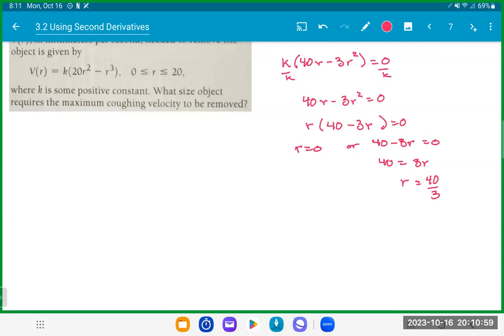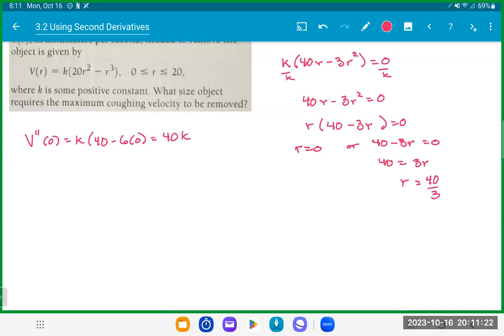Now let's do our second derivative test. Evaluated at 0, that gives me K times 40 minus 6 times 0. So that gives me 40K.